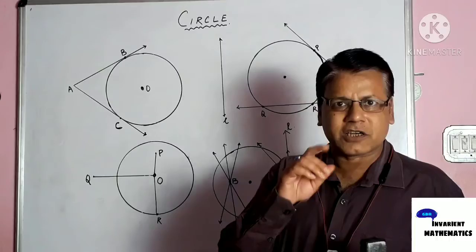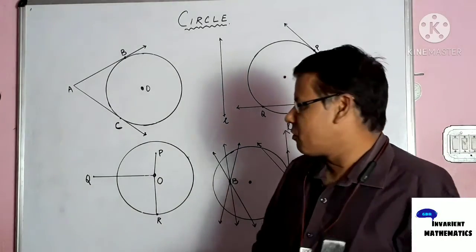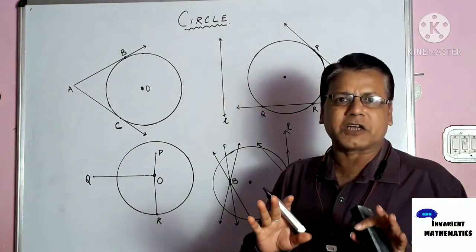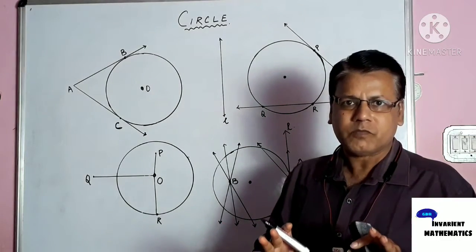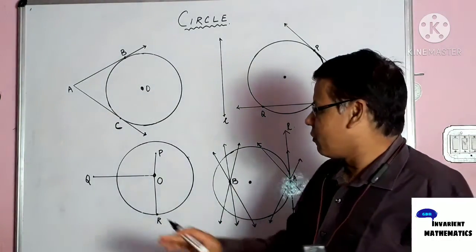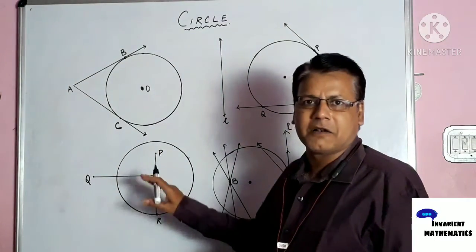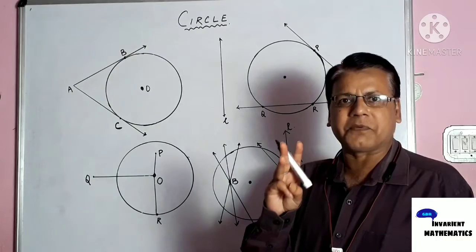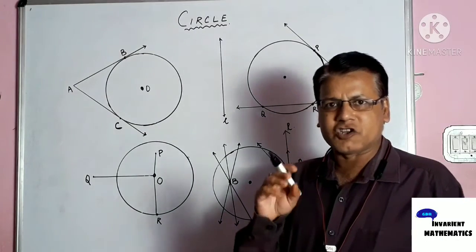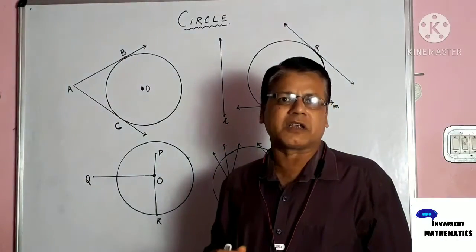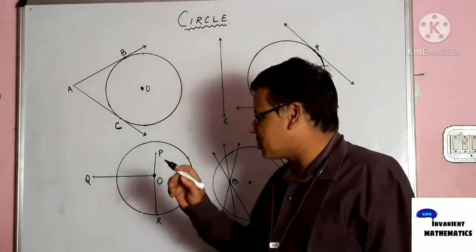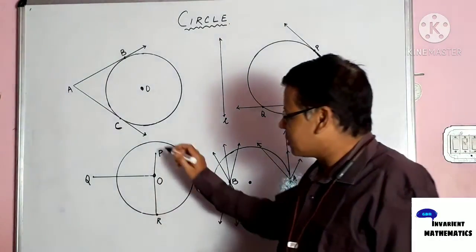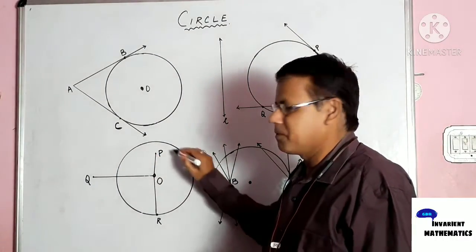So the first concept is the position of points with respect to a circle. We know that when we draw a circle, the plane is divided into three different parts. One is called the exterior of the circle, the other is called the interior of the circle, and the third one is the circle itself.